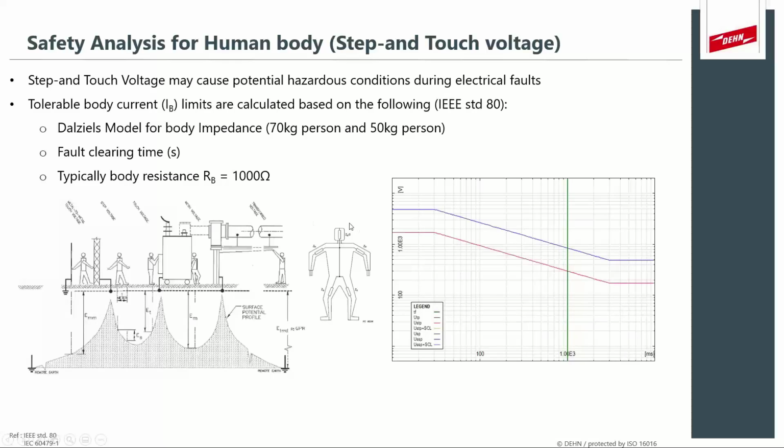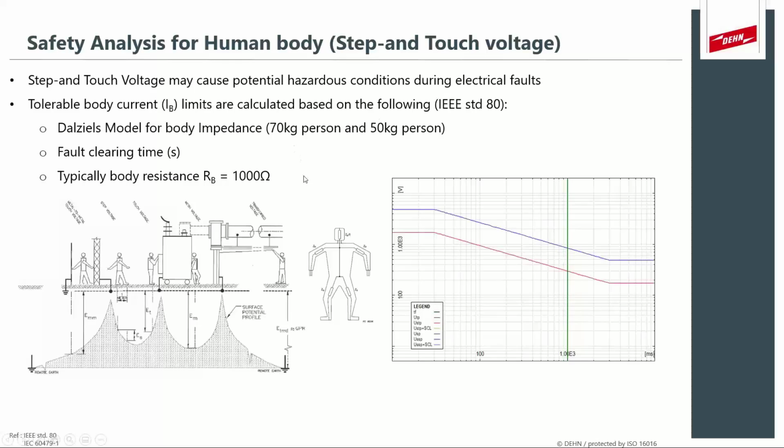Now, there's a lot of different theories and calculations for what the human body resistance is. And IEEE standard 80 refers to 1,000 ohm. But in all the different standards, it's always around this mark in any case. So that's a good basis to start the calculation. Now, the human body resistance also changes depending on the weight of the human in IEEE standard 80.